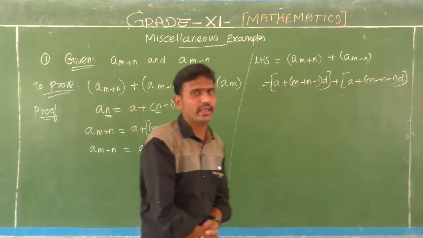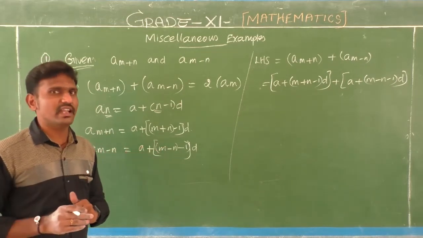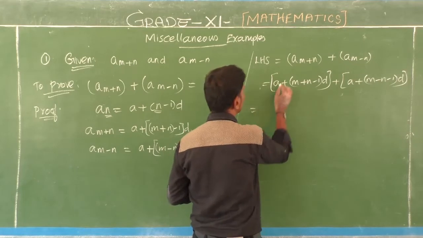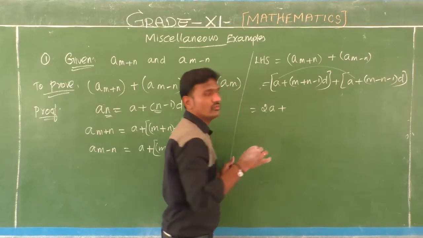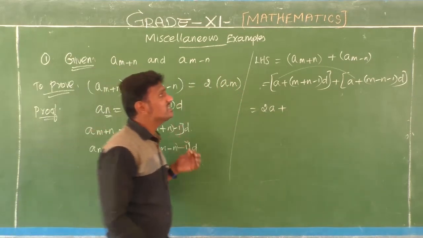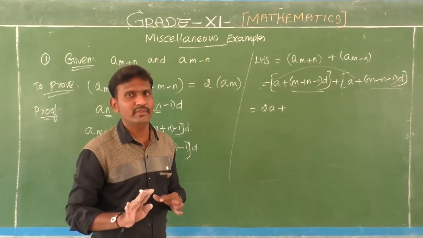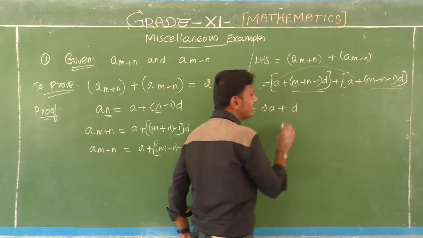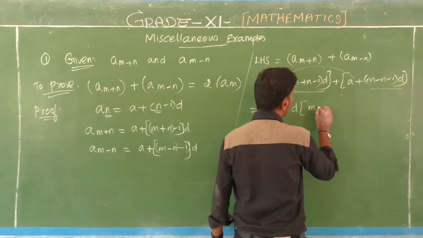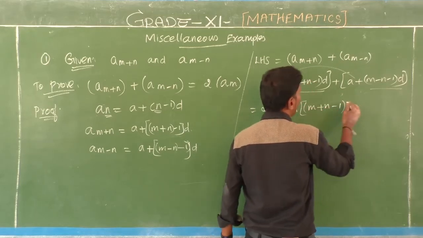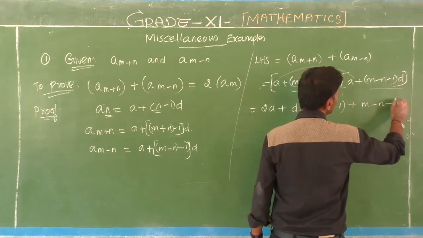Now I am going to compare the like terms, the first term and the common difference. First term to first term: a plus a, I get 2a. Now you have two terms of the common difference d. On both terms, taking d outside, I have m plus n minus 1 and m minus n minus 1.